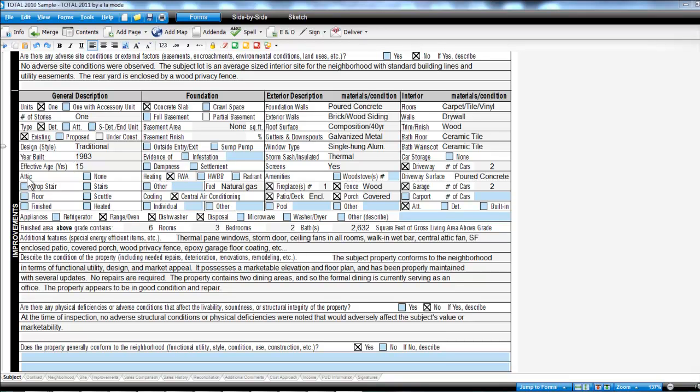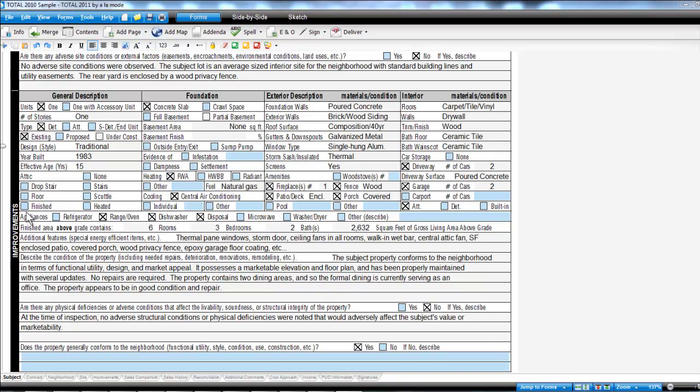Attic, so I'll do a little editorializing here. These forms were designed by Freddie and Fannie. There may be some parts of the country where the type of attic really does have an impact on value, but for me it's almost a little silly. But they give you the option here. You can say, how do you get to the attic?